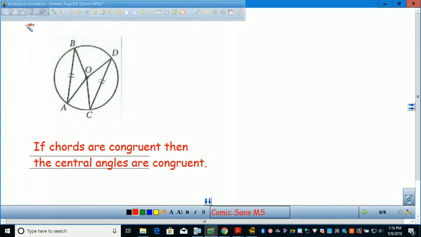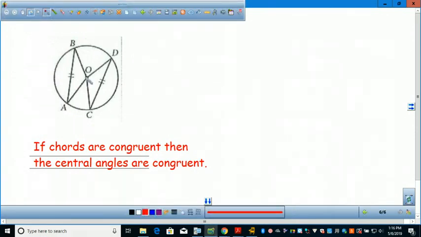If the chords are congruent, so are the central angles. So I'm going to come in here and do an arc here and an arc here. And then we just have a couple more.